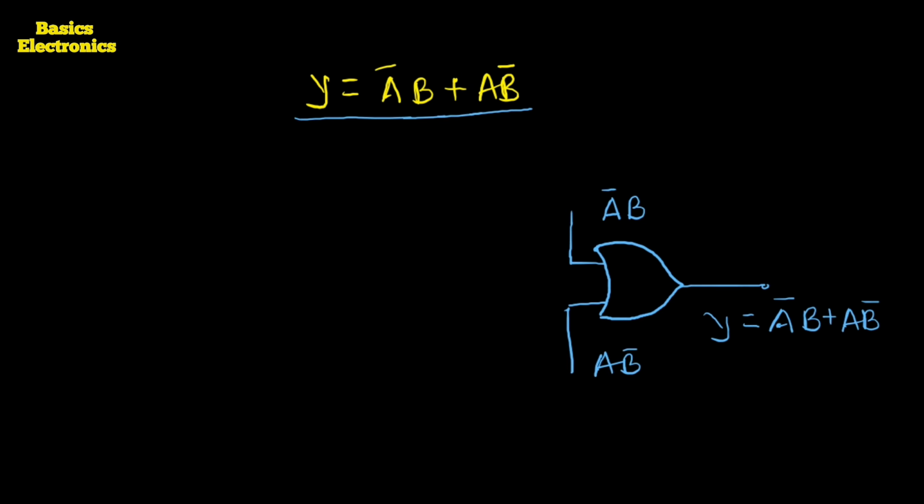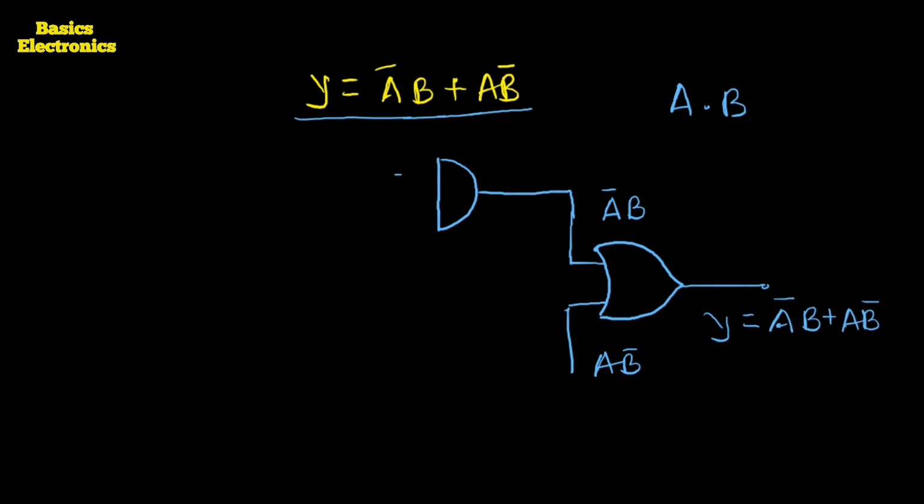Now this A bar B we have to obtain by using the AND gate. Why are we using the AND gate here? Here we have to obtain the output A bar B. But why the AND gate? Because the actual output of the AND gate is AB. So we are using the AND gate. But what is the input for the AND gate?